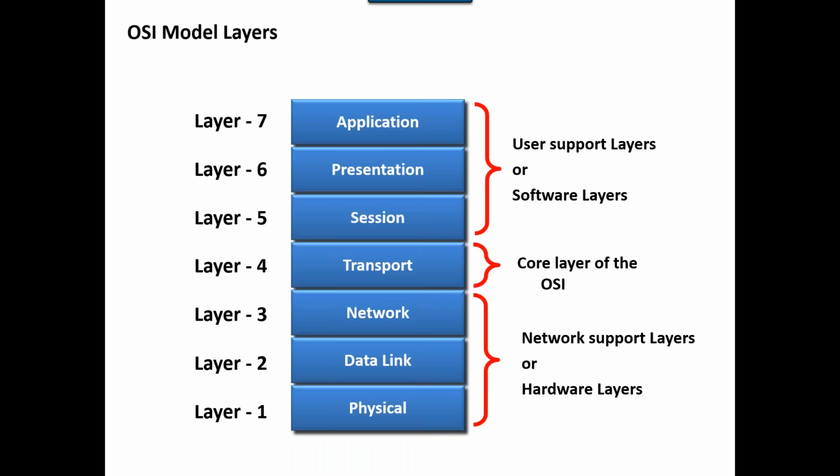Both sides maintain the sequence. Why do they maintain this sequence? Once I complete explaining the OSI layers, you will definitely understand why they follow this sequence. Okay, ma'am, my doubt is clear. Thank you so much.